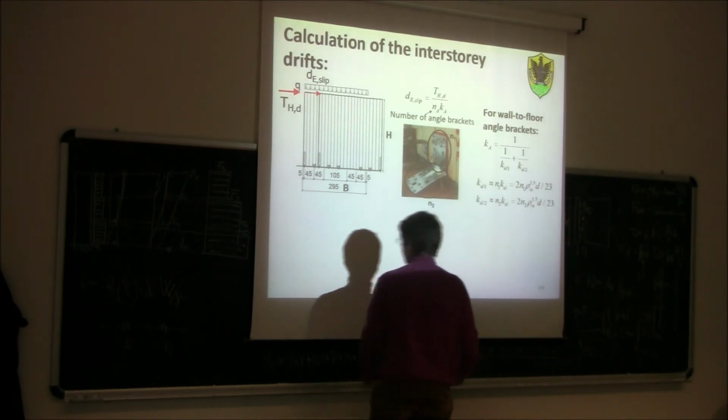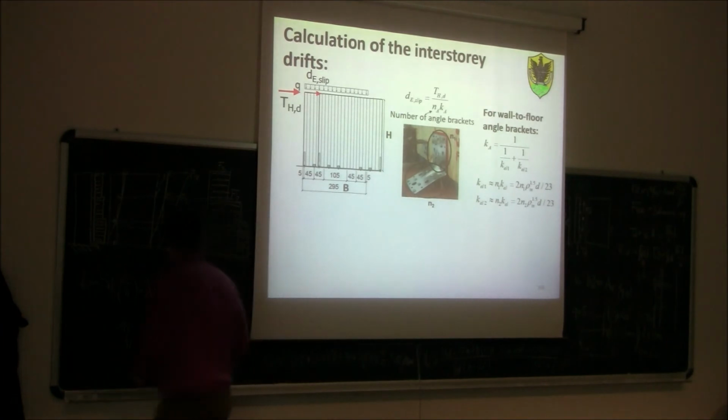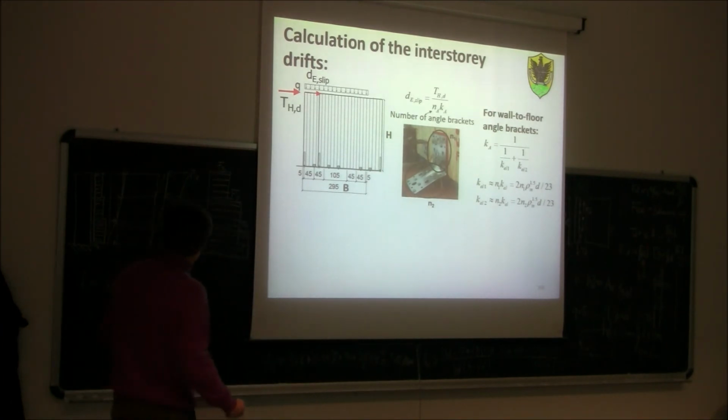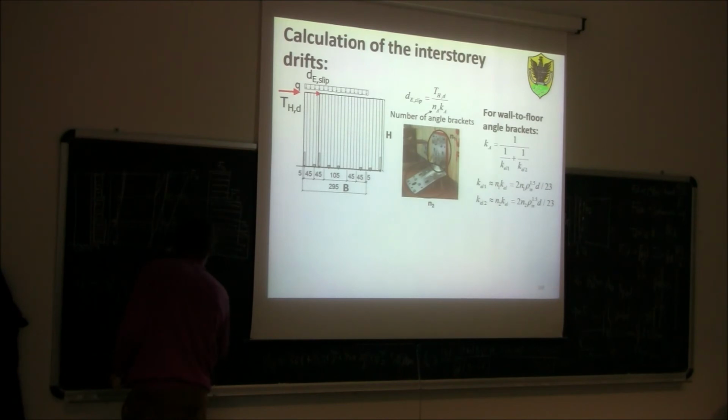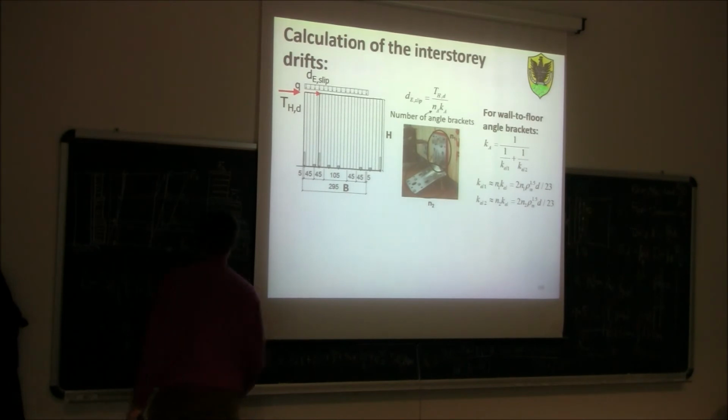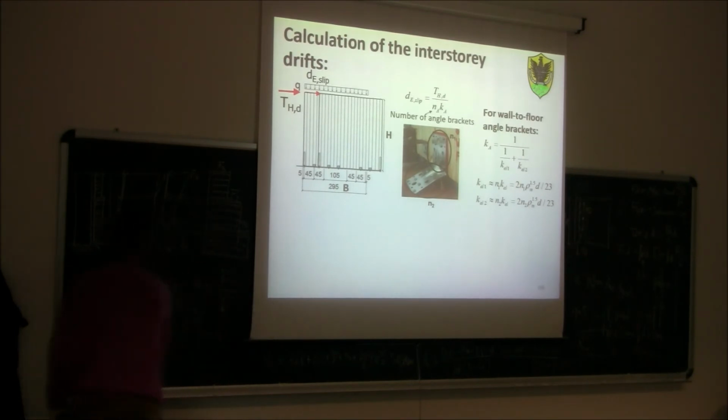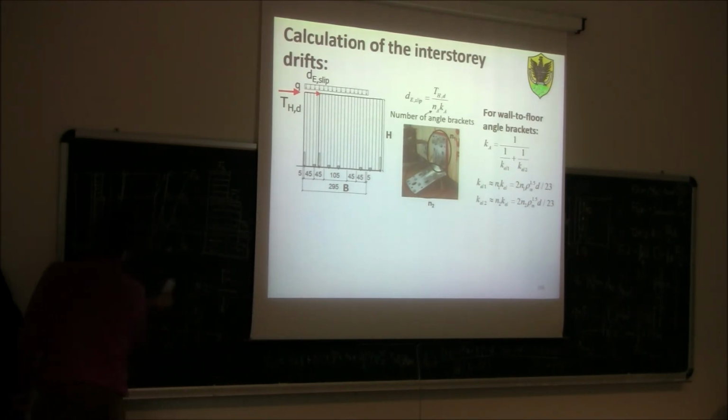So if I want to calculate the total deflection U, U will be F divided by K, which is the stiffness. So this would be the total deflection.